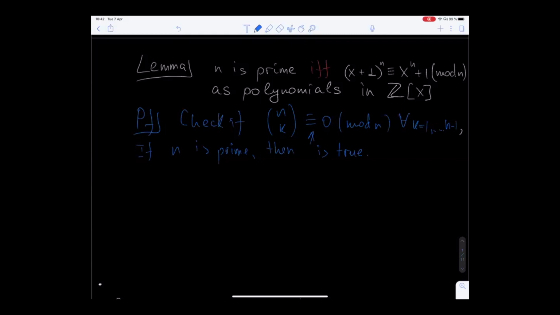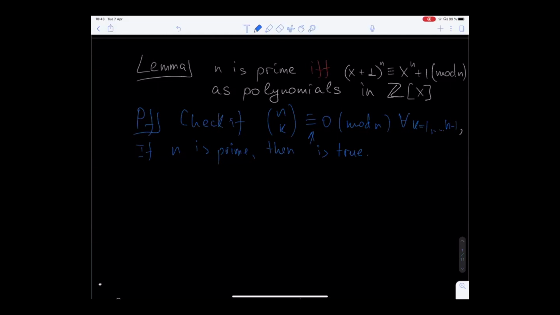So when we open up the binomial coefficient as n factorial divided by (n minus k) factorial times k factorial, the only factor that is divisible by n, which is prime, would be n itself, and thus it would be 0 mod n.